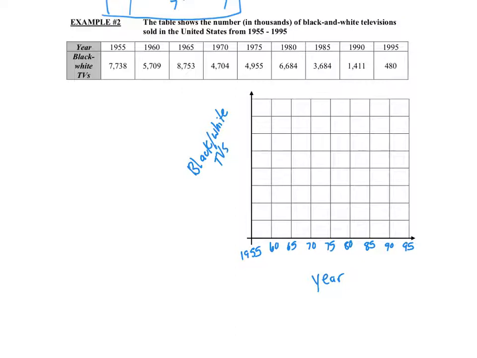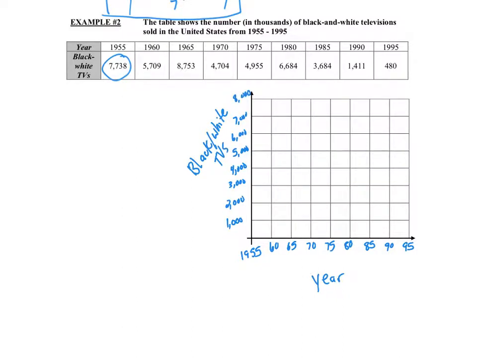Okay. And then for the TVs, we have to go up to about 8,000. The biggest number is about 8,000. So if we go up by 1,000s, so 1,000, 2,000, 3,000, and so on. So your biggest number is going to be 8,000.